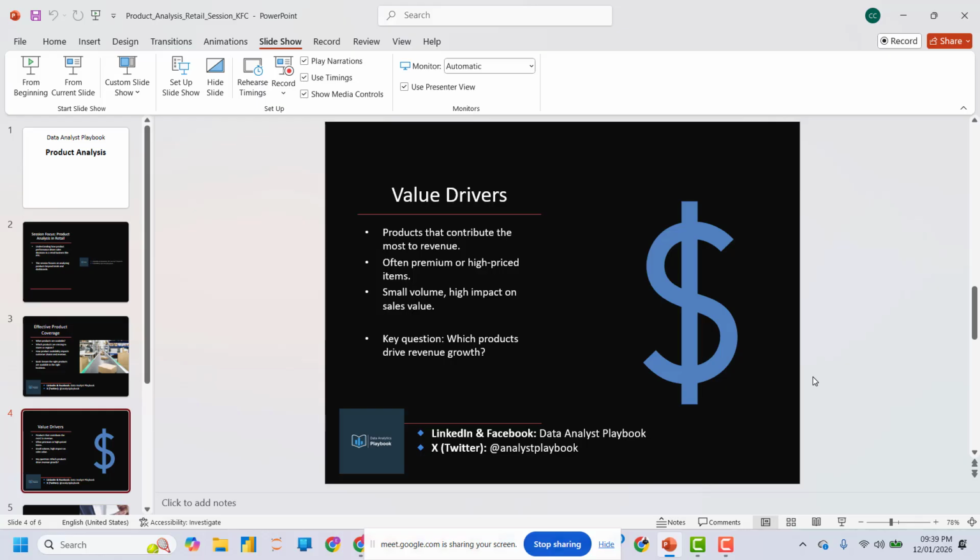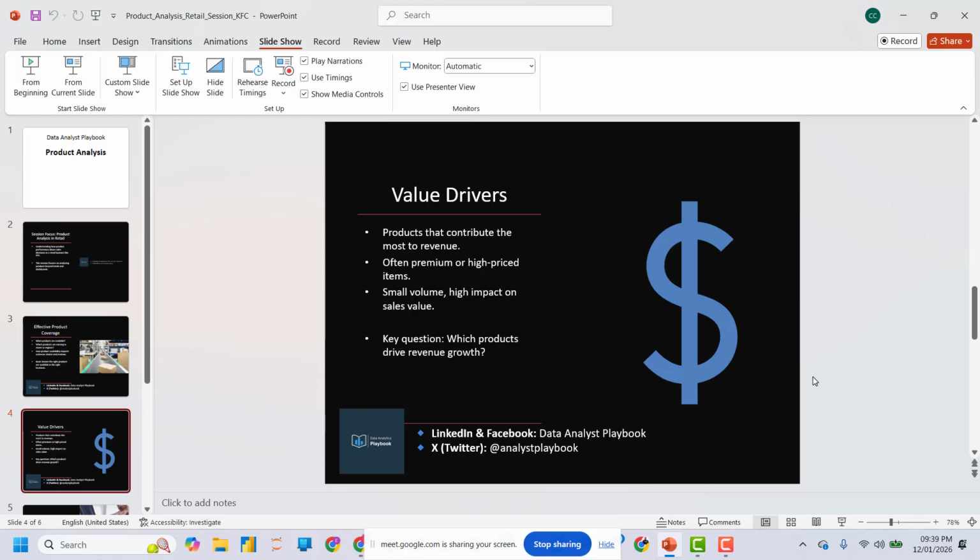So let's also move forward to value drivers. It is important to note that we have what we call volume and what we call value drivers. I know most of us know the sign here. That's a dollar sign, and it is referencing value in terms of revenue, in terms of improved sales value.